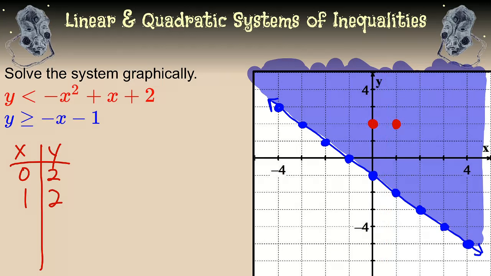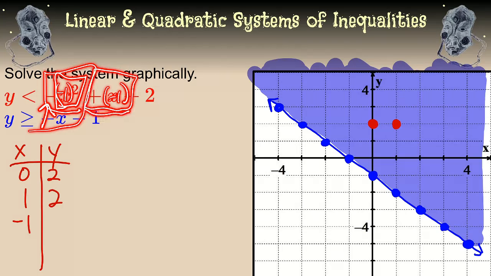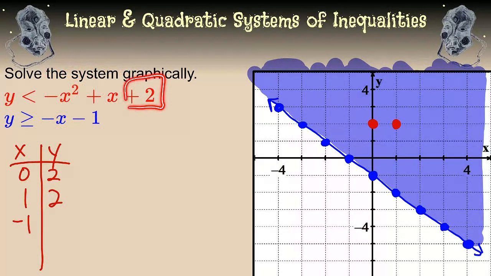I'm going to next plug in an x value of negative 1. So negative 1 squared is positive 1, but this makes it negative 1. So this part's negative 1. Minus 1 is negative 2. Plus 2 is 0.